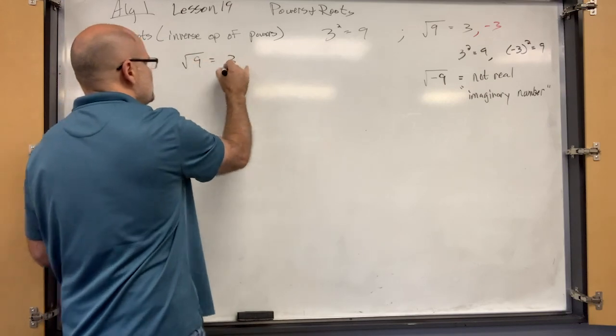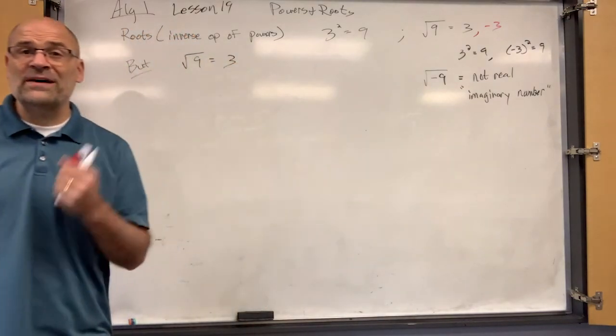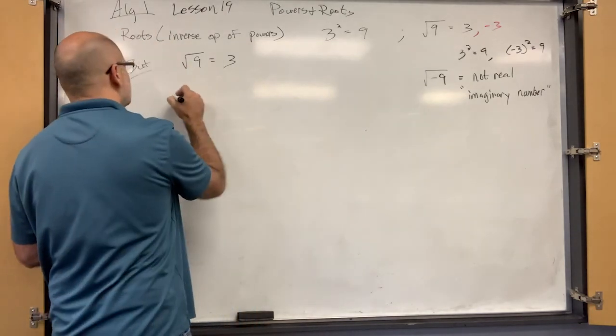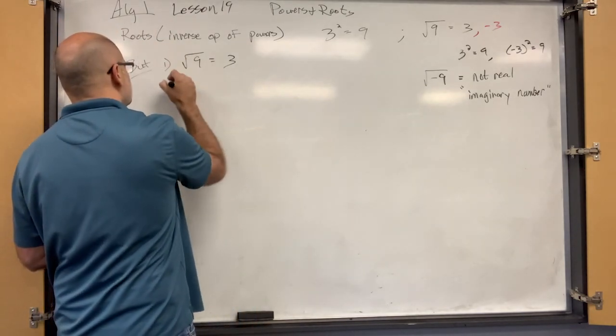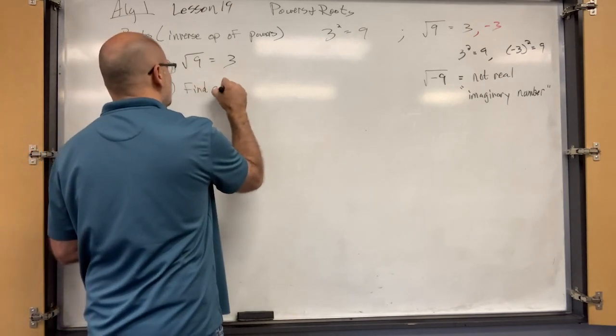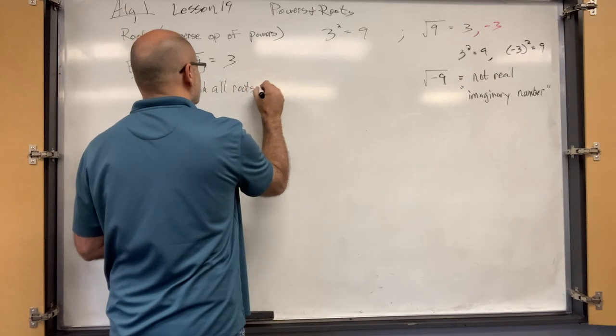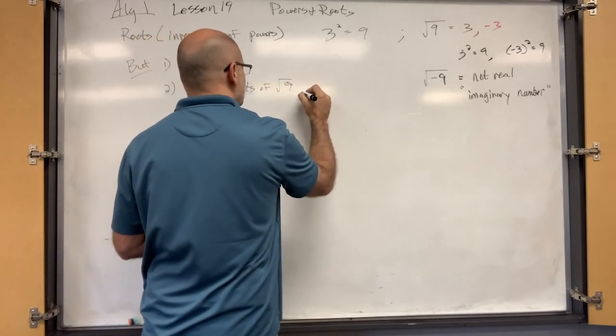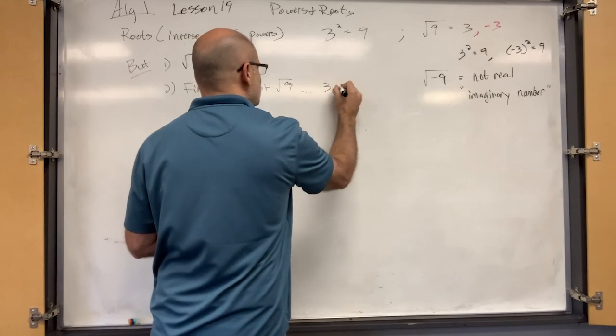You can just say 3. Okay? Now, if I say, find all the roots, so here's question number 1. Find all roots of square root of 9. Then it's 3 and negative 3.